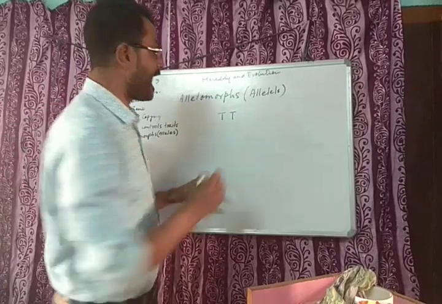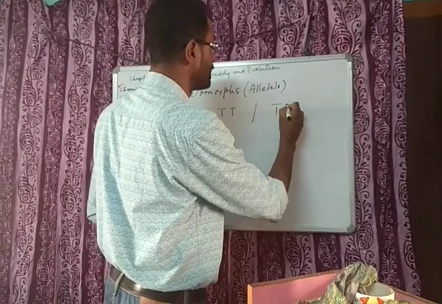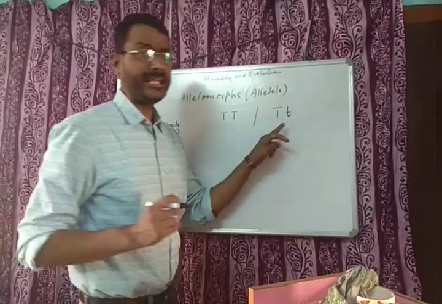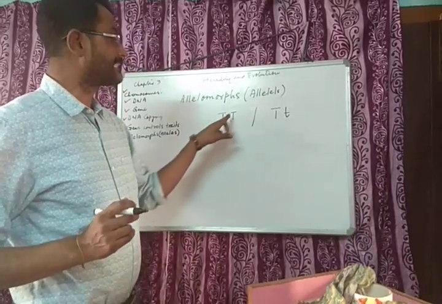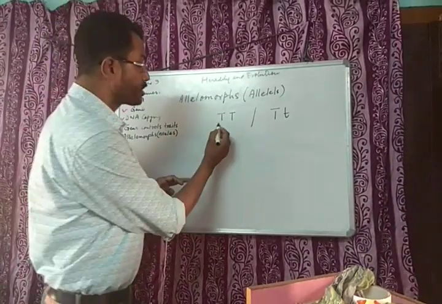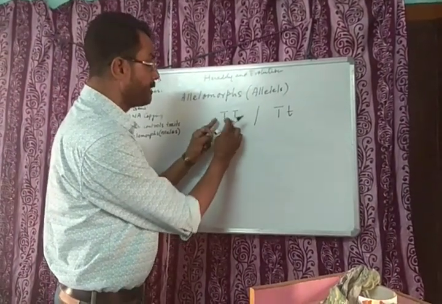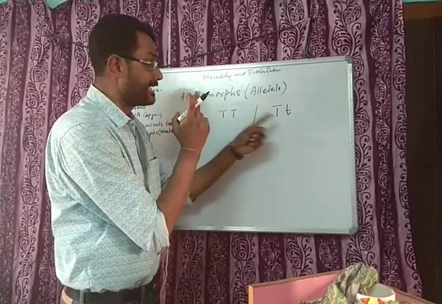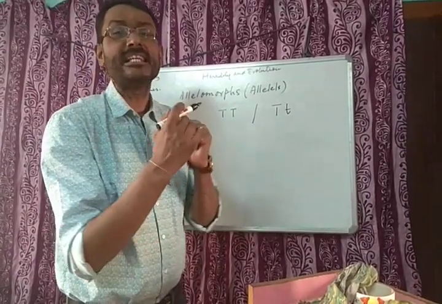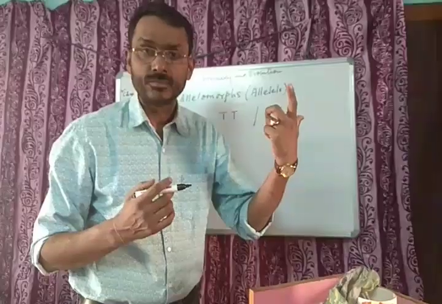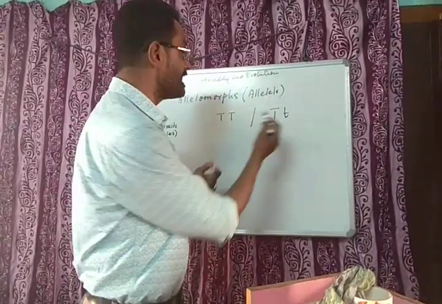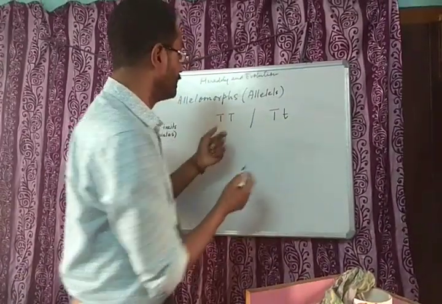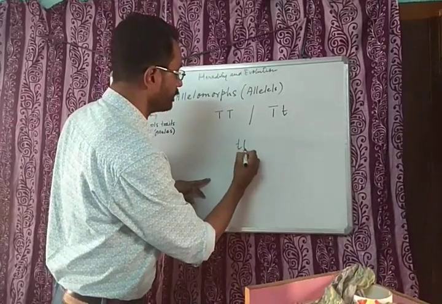Capital T and capital T, this is also tall. Capital T, small t. Alleles are the pair which both remain as contrasting and help in giving a character. They are allelic pair.